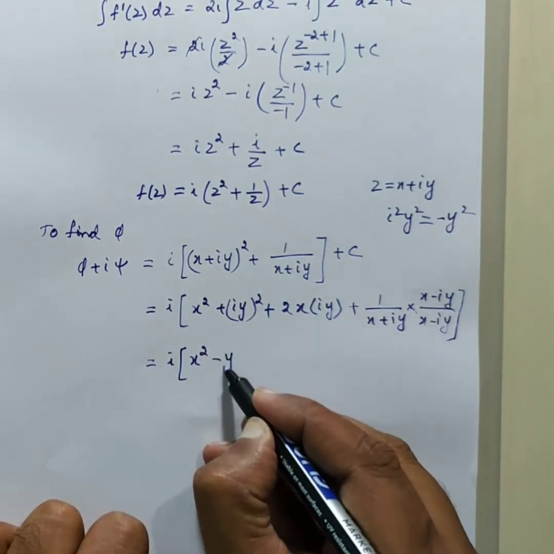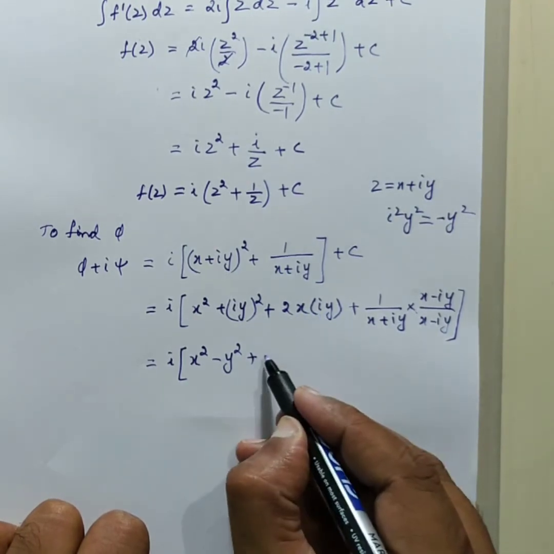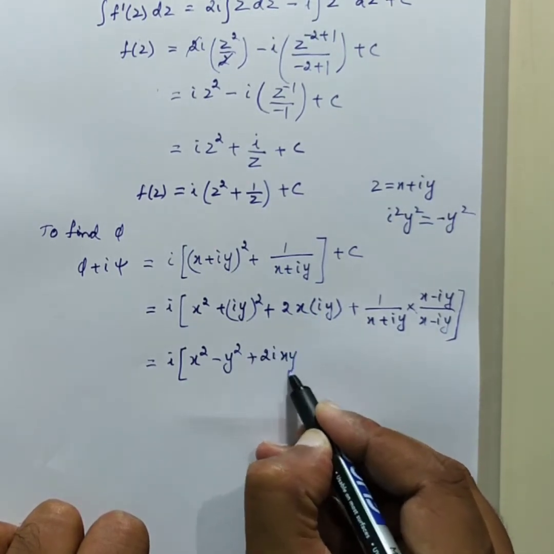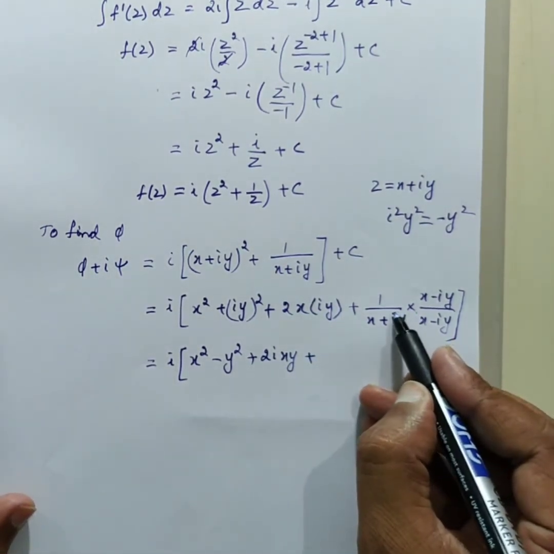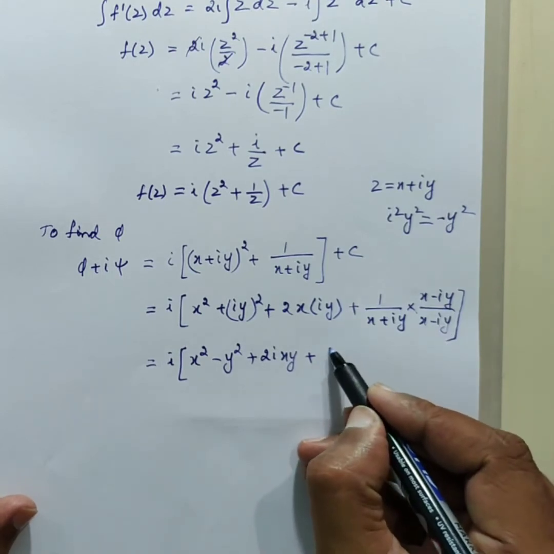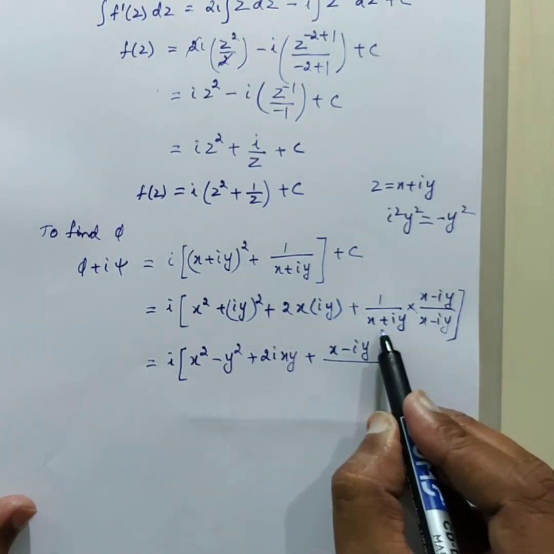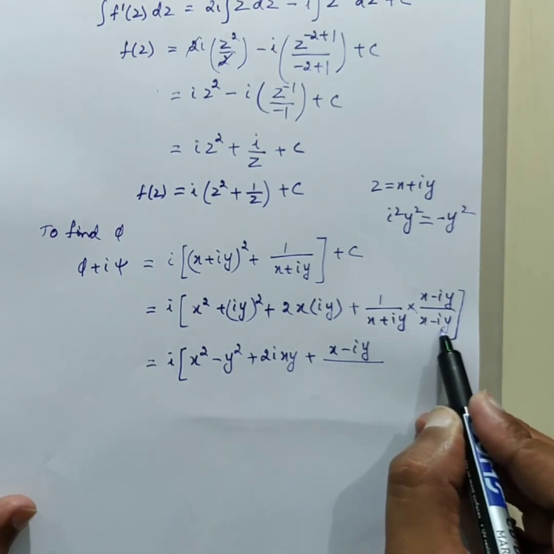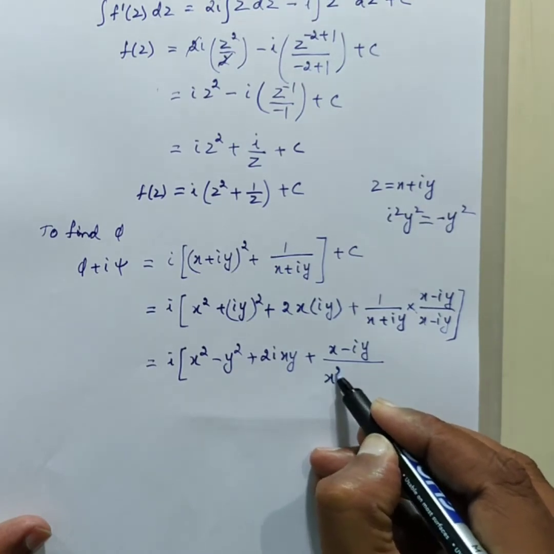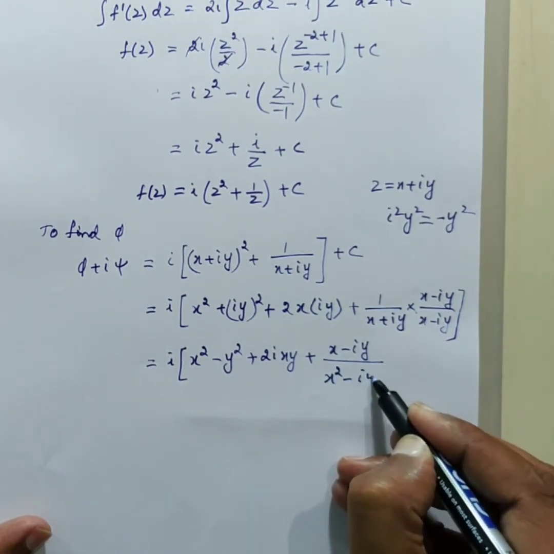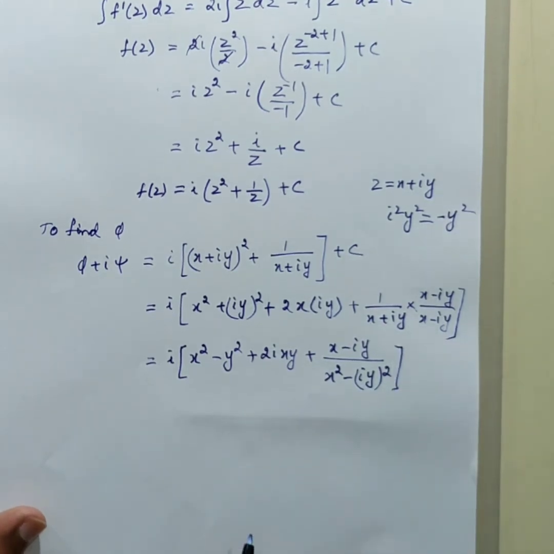So you can write minus y square, plus you can multiply, it's 2 times i, so 2ixy. Plus here you can just multiply, 1 into x minus iy is x minus iy divided by, the denominator is in the form of a plus b into a minus b, which will be a square minus b square. So it is a square minus b square, where b is iy, so iy square.